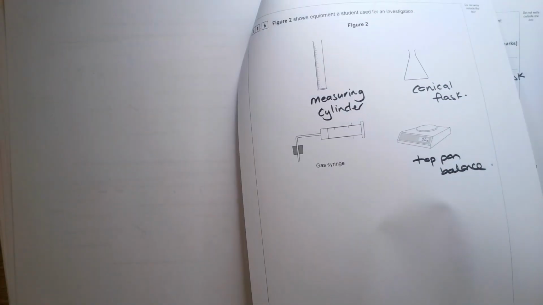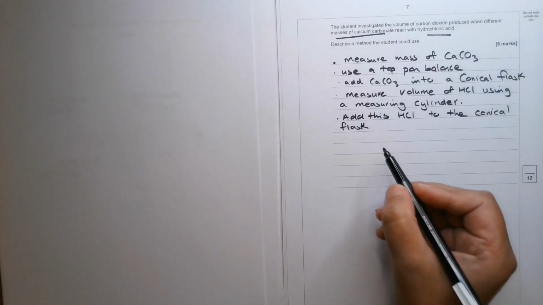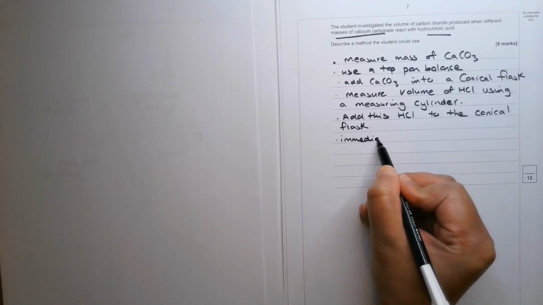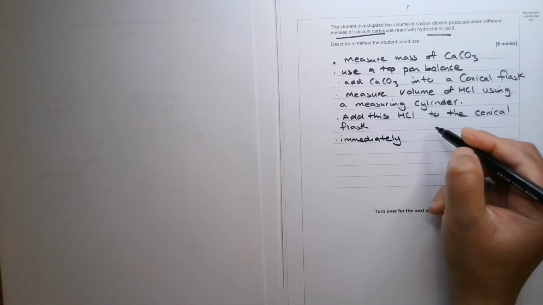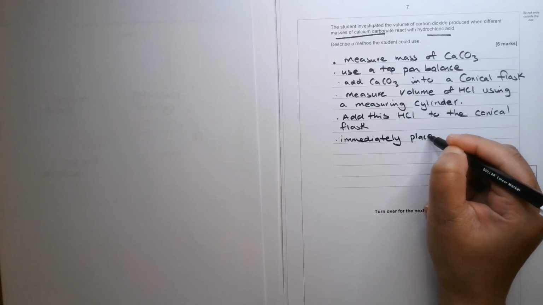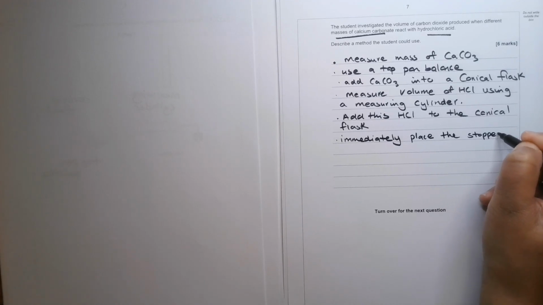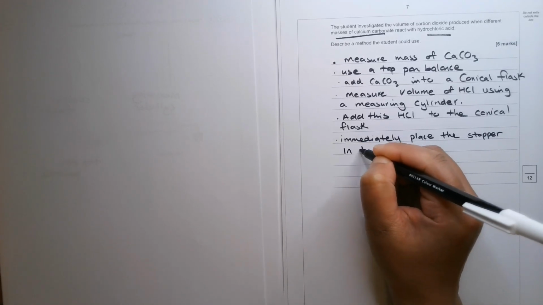And then if you look back at the diagram, you should see a gas syringe which is attached to a delivery tube. So immediately, straight after this, place the bung or the stopper in the flask.